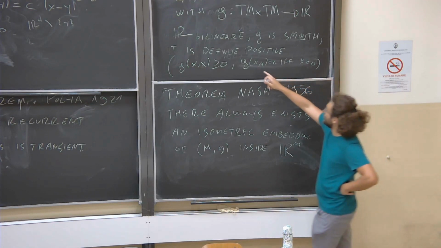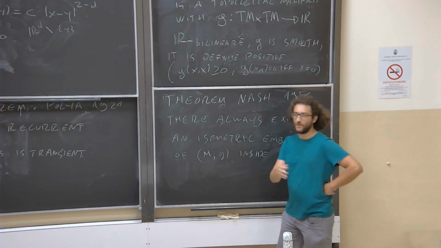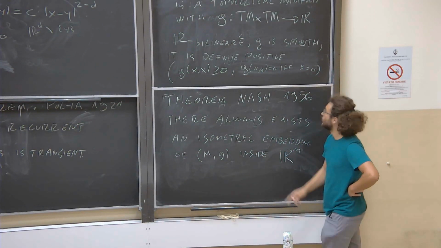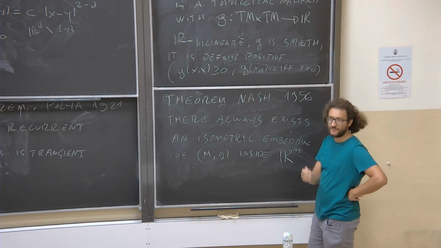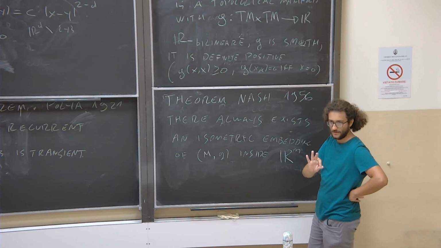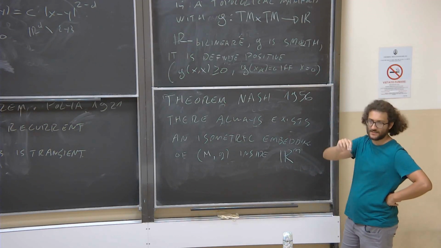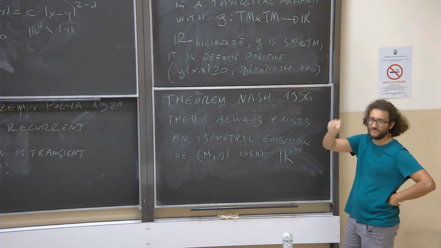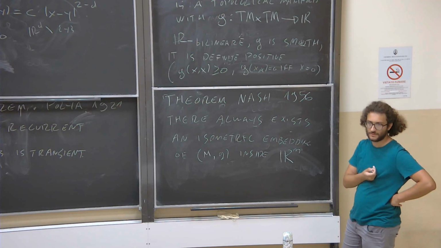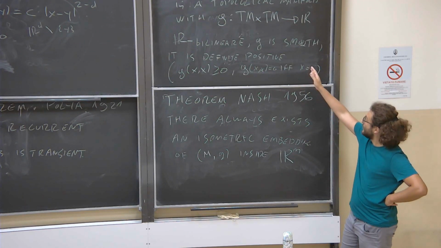Because with this definition, you can compute the length of curves. You have a curve on your manifold, and its length is just the integral of the norm of its tangent vectors. It's clear. This way you obtain the length of a curve. The distance between two points is just the infimum of this length over all curves. You want me to write it down? Clear? So yeah, this is also a metric space.